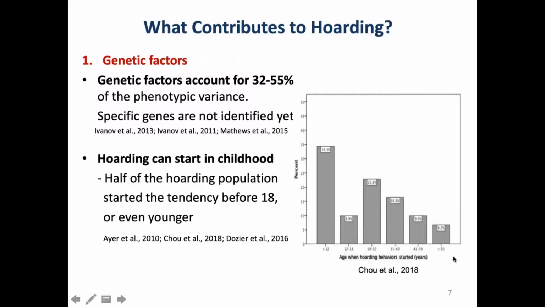You can see the chart here on the right hand side of the slide. I don't know if you can see my mouse moving, but I'm just going to assume that you cannot. If you see the bottom of the figure, the bottom is the age groups, and as you can see, the first bar is under age 12 and the second bar is between age 12 and 18.